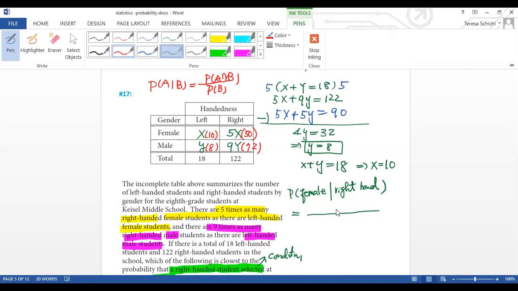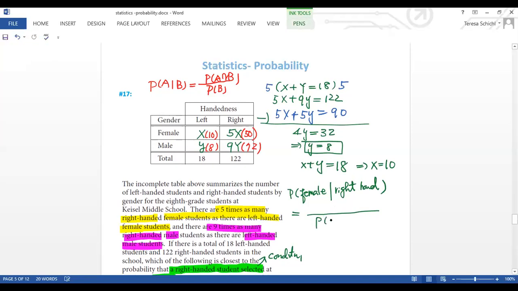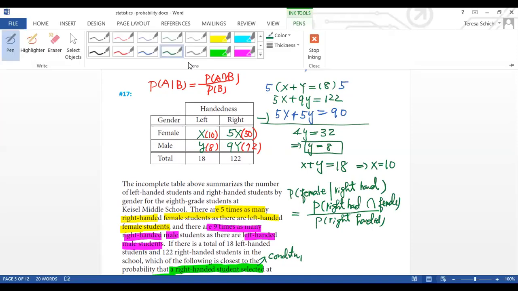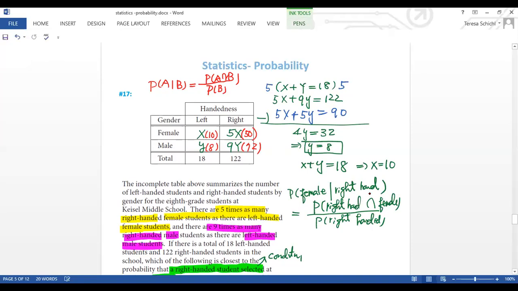So let's see here. This is the probability of right-handed intersect female. Everybody still remember what intersect means, or what is the keyword for intersect?